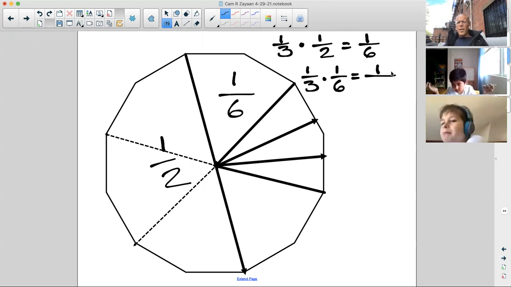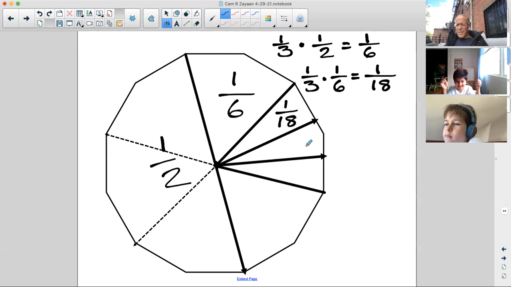Now, what is 3 times 6? 3 times 6 is equal to 18. So gentlemen, guess what? This piece is 1/18 of the whole.